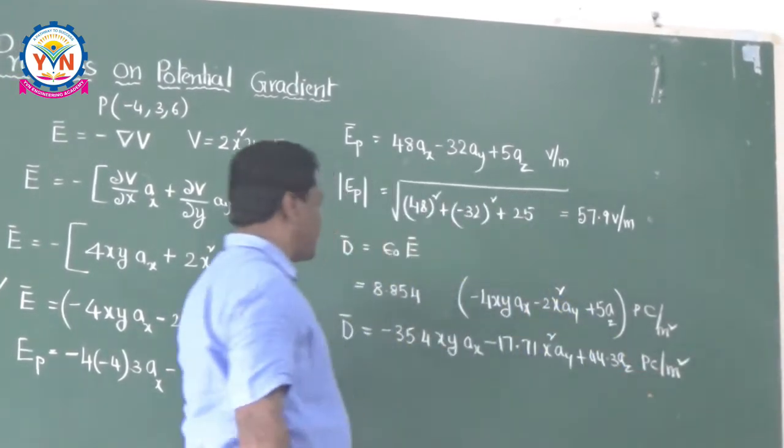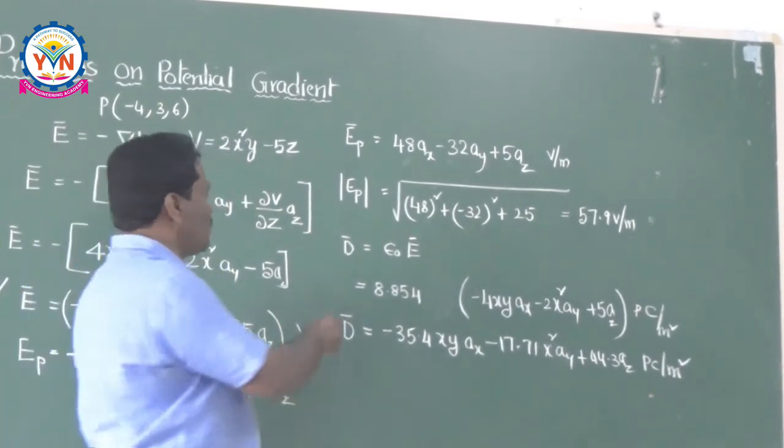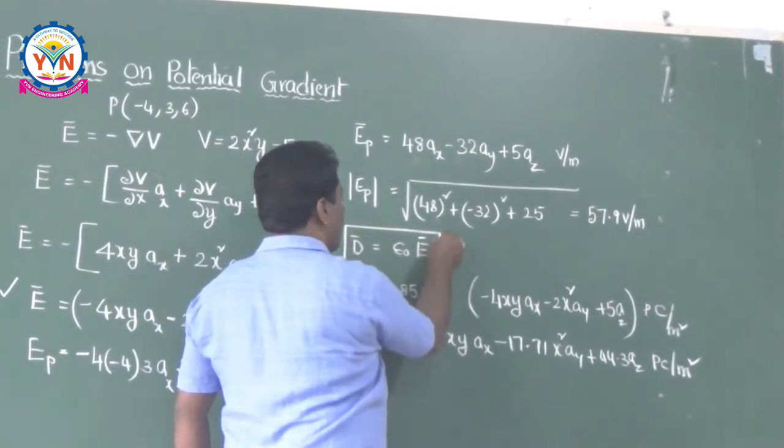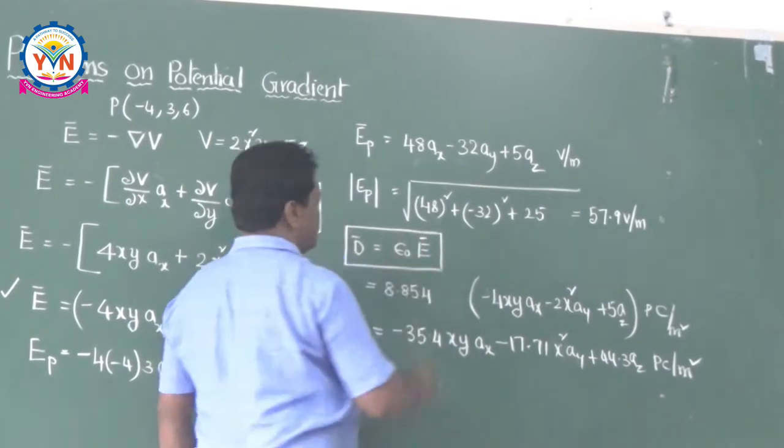This is the flux density you are going to get. What relation do you have to use? D bar is equal to epsilon naught times E bar.